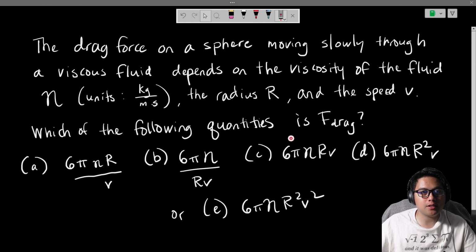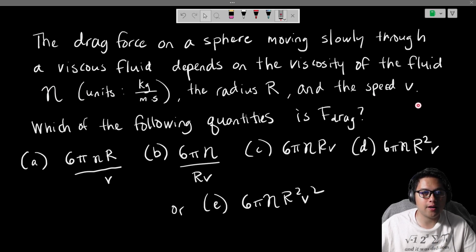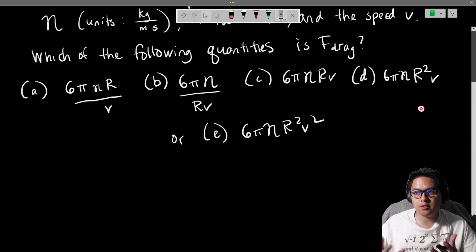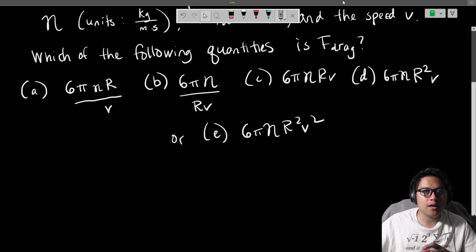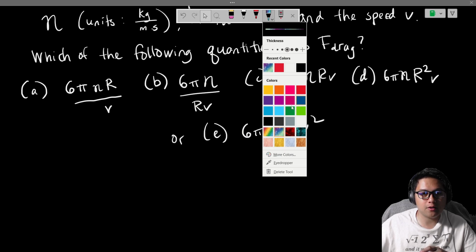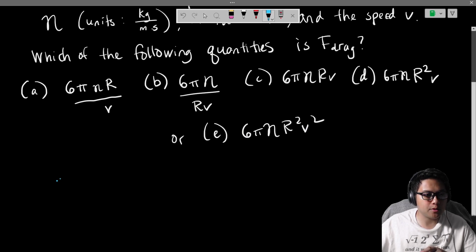So the way to do it is to, first of all, read the problem carefully and realize that it's saying that F drag is only going to depend on these 3 quantities, eta, r, and v. Now, the way that I like to do these kinds of problems is I like to write them out in the following way. So let me get a different color here. I'll use light blue.